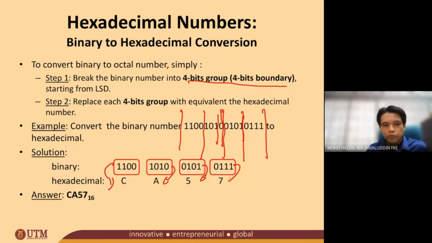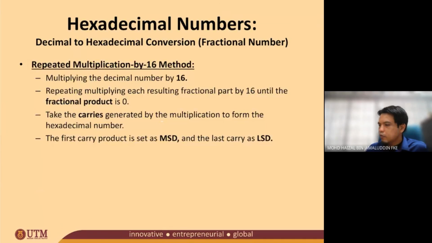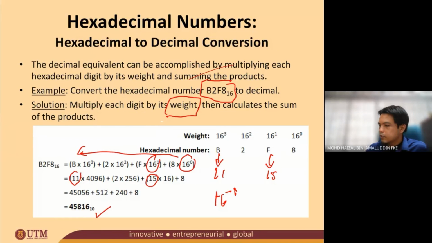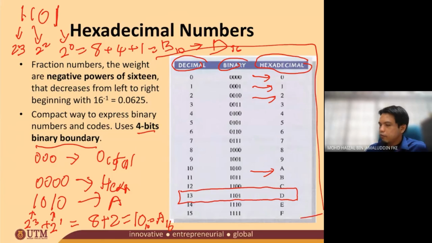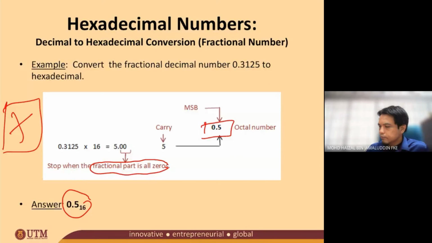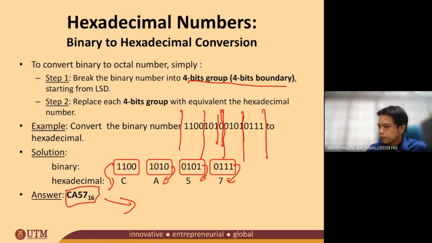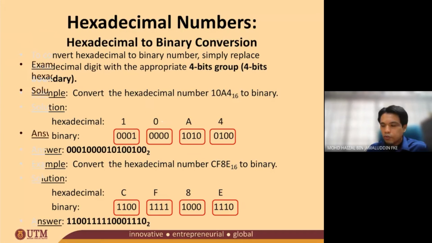Okay, even if you have the table also, you can change back from hexa to binary very fast if you already have the conversion table like this. Okay, you already write very fast when you sketch the table, then can do the conversion very fast. So binary to hexa and hexa to binary. So all there in the slides.